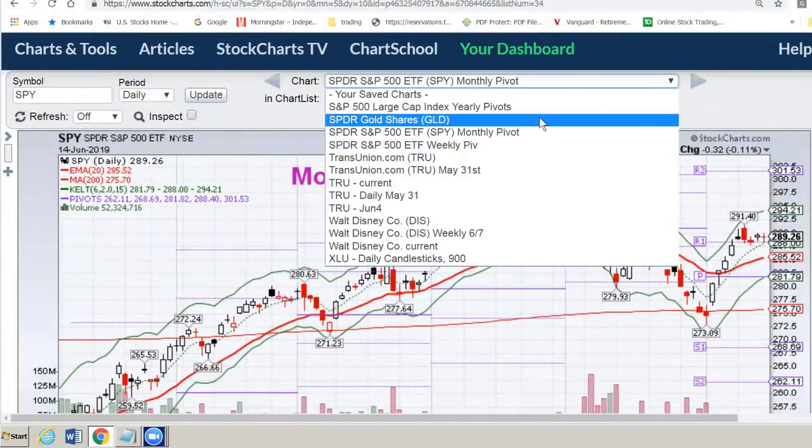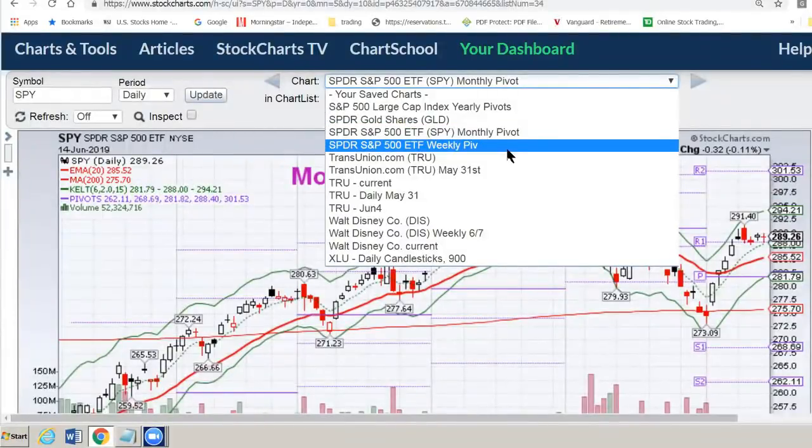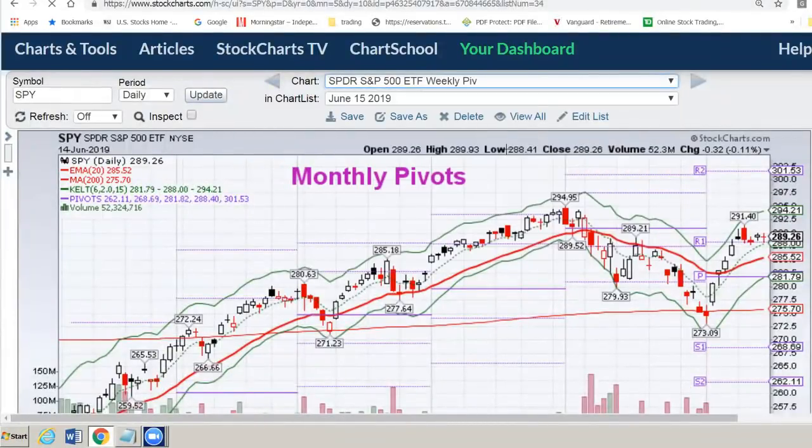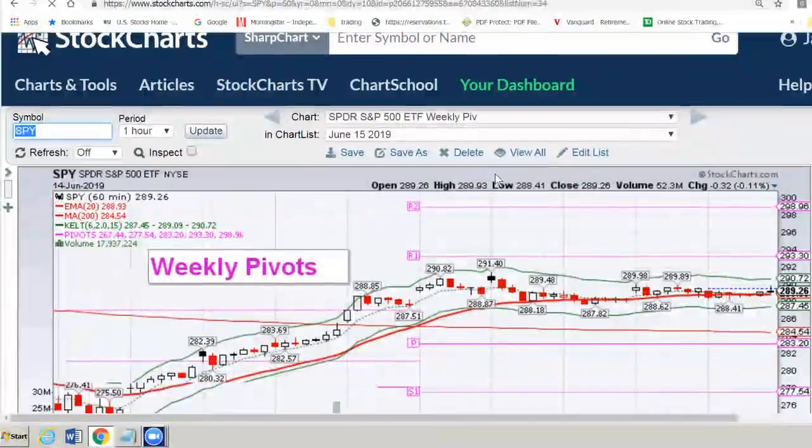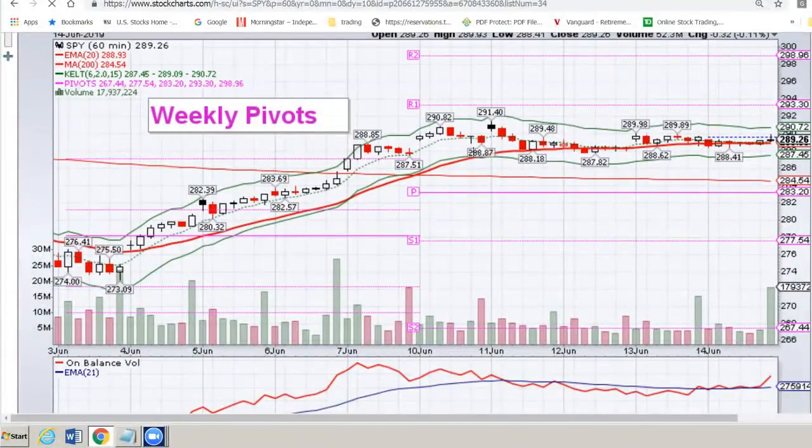The last type of pivot you have available is when you look at an intraday chart, and that gives you the weekly pivots. Once again, these are for last week, and they were based on the prior week's trading. So you have the pivot at 283.20 and R1 293.30 and S1 at 277.54.